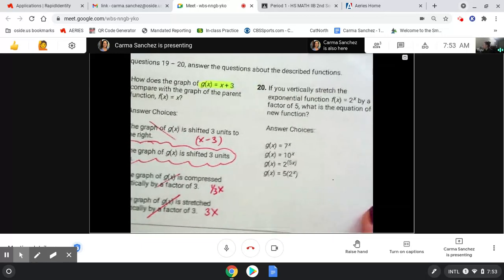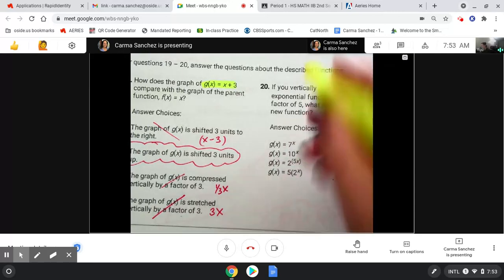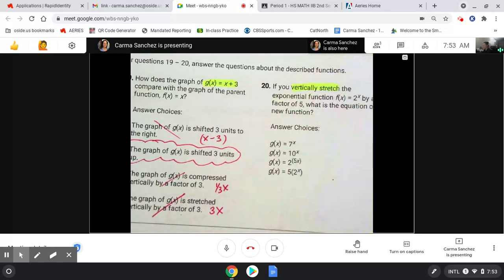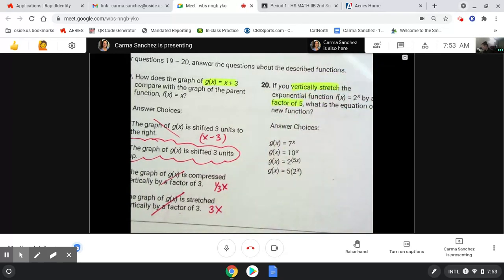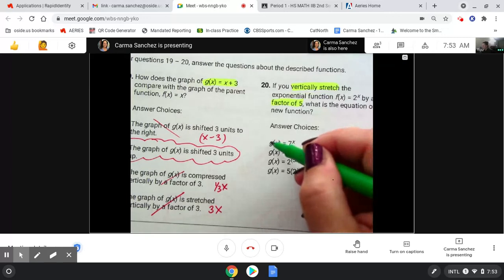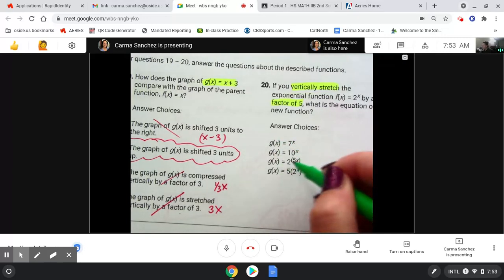If you vertically stretch an exponential function by a factor of 5, what's the equation of the new function? Down here we've got g of x is equal to 7 to the power of x, 10 to the power of x, 2 to the power of 5x, 5 times 2 to the power of x. Yeah, that's it.